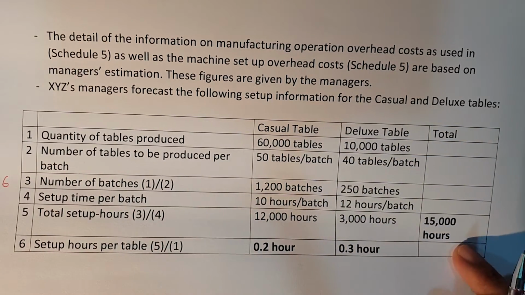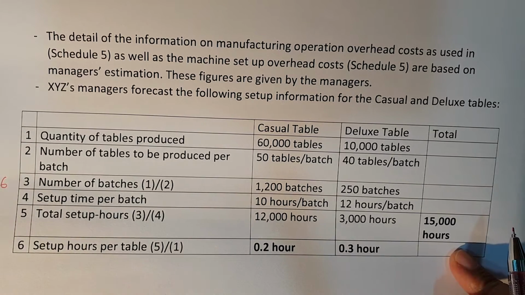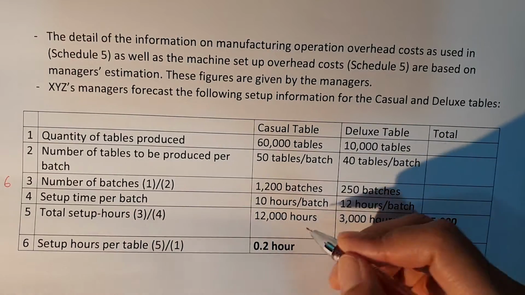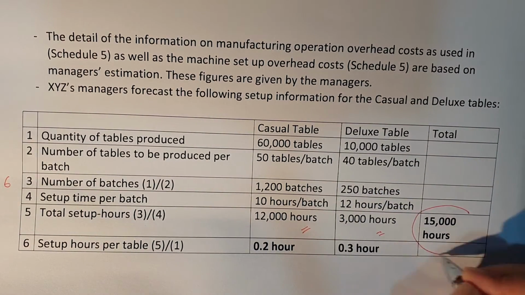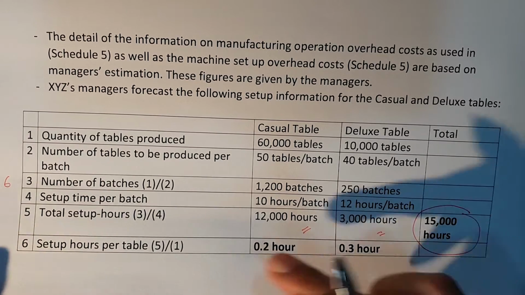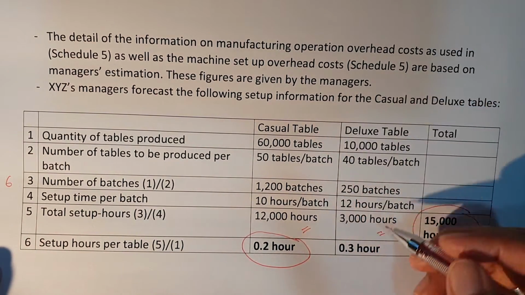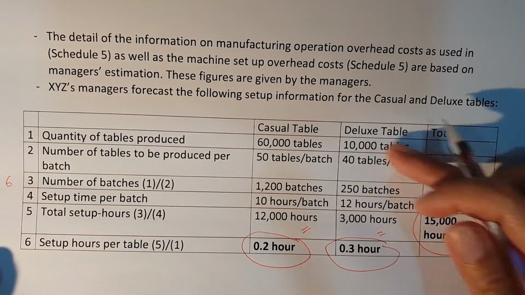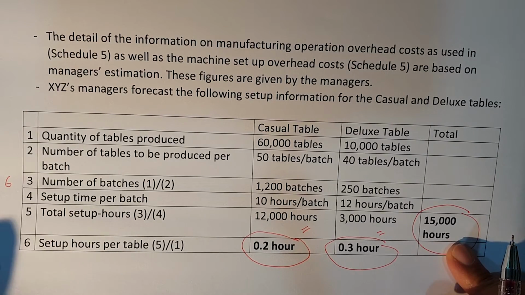Total setup hours is the number of batches divided by setup time per batch, and we can see 12,000 hours and 3,000 hours respectively, for a total of 15,000. Setup hours per table is 0.2 hours for casual and 0.3 hours for deluxe. So this is the information that we use.